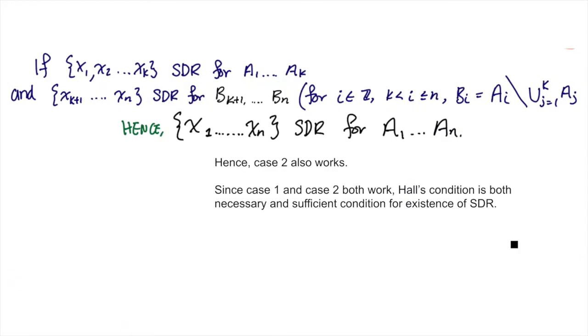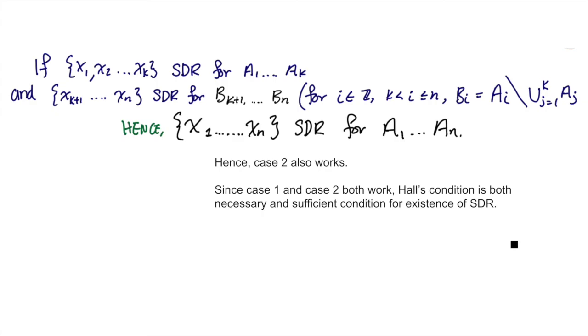Since the set of x1 all the way to xk is an SDR for A1 to Ak, and the set of x_{k+1} all the way to x_n is an SDR for B_{k+1} all the way to B_n, we can infer that the set x1 all the way to xn is an SDR for the set system A1 all the way to An, because if a set is an SDR for the set system of B_{k+1} all the way to B_n, then it is an SDR for the set system of A_{k+1} all the way to An.